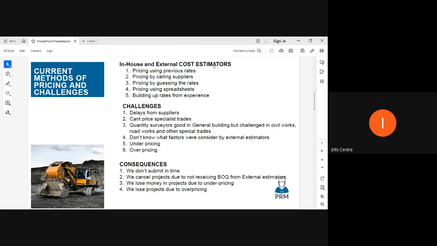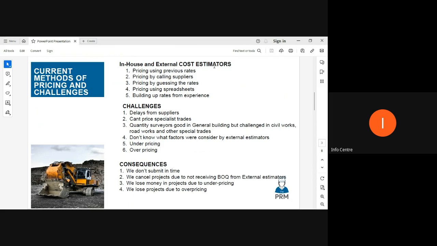The first challenge is that we get delays from suppliers. The delays are mainly caused by two reasons. Firstly, the supplier wants to get you into their database, so they want the tender advert, so that they can put you in their pipeline so that whoever wins the tender, they get to supply them.